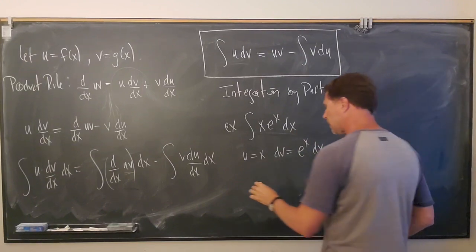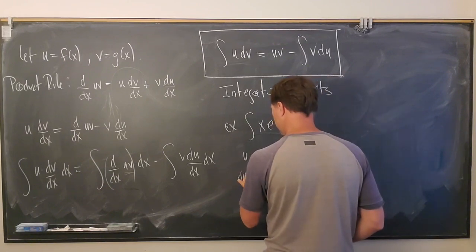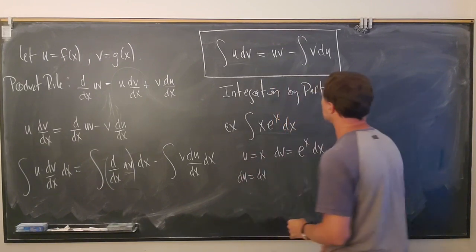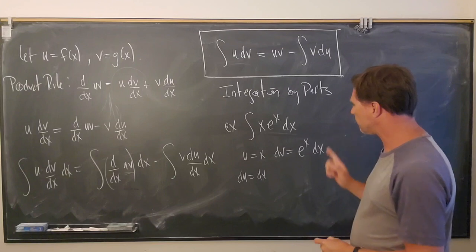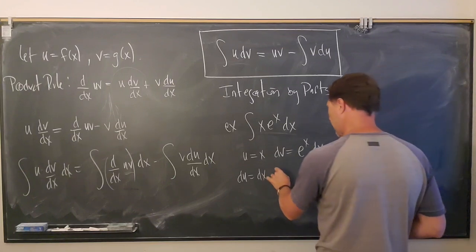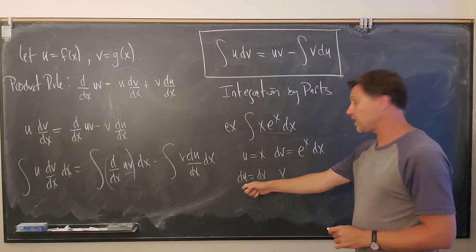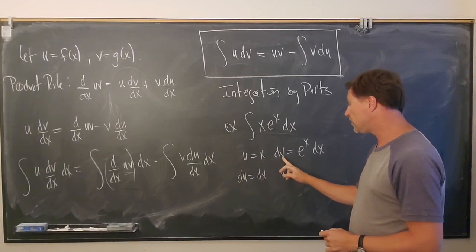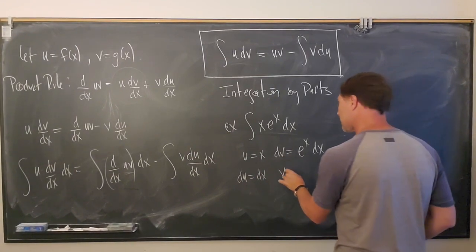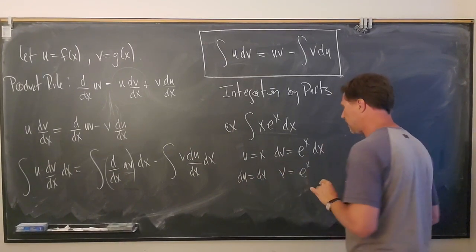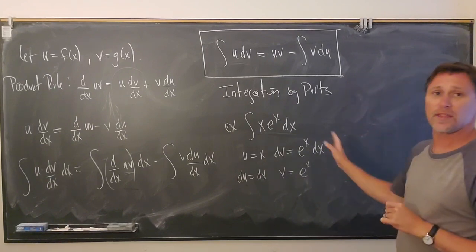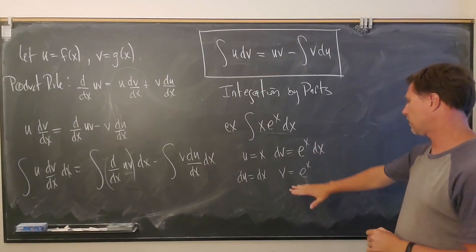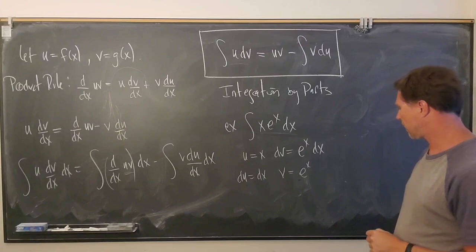Now, I would like to compute du. Well, du is just dx. I also need to compute v, and I'll explain why in a second. From u to du, you compute a derivative. From dv to v, I compute an antiderivative, and the antiderivative of e to the x is just e to the x. In this case, we don't need to worry about the plus c. I just want to write down the fundamental antiderivative.